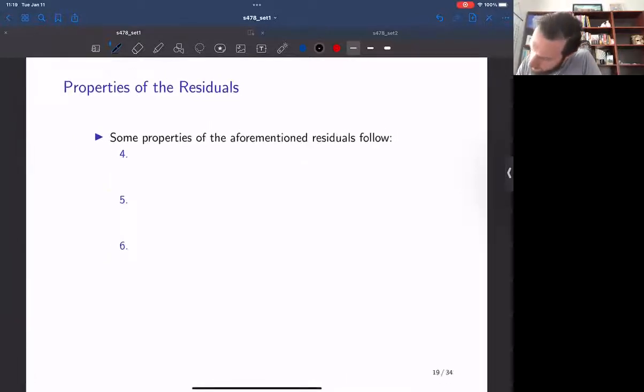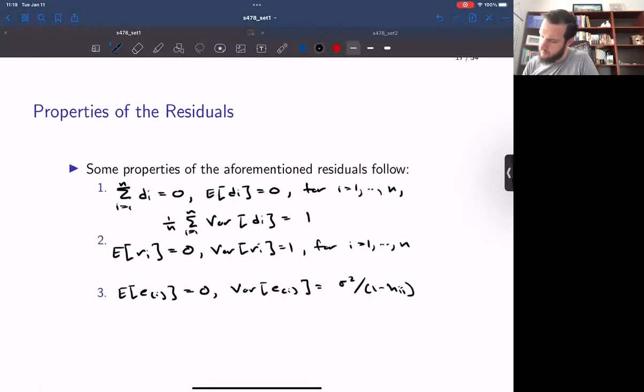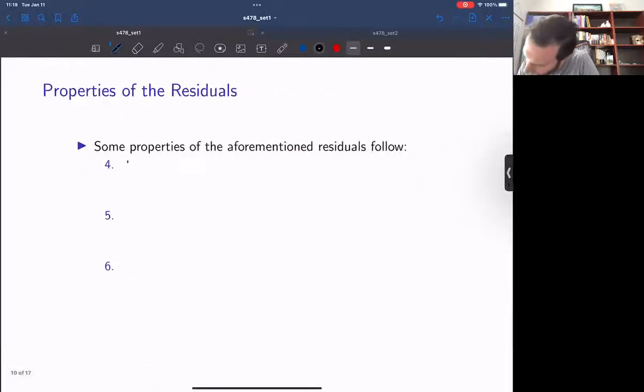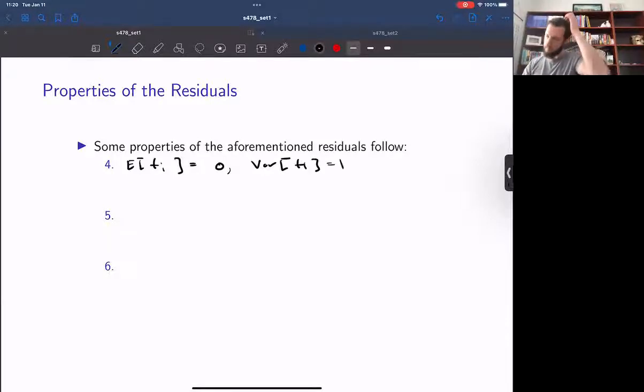For the externally studentized residual, we have that the expected value is equal to 0 again. This one has a constant variance equal to 1.